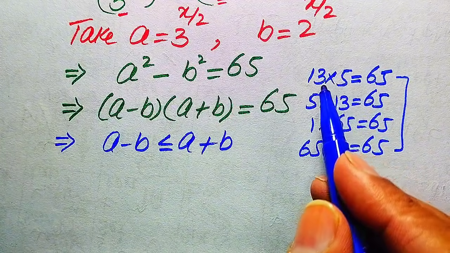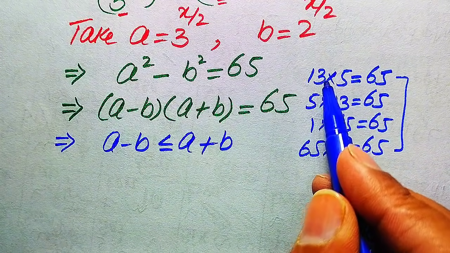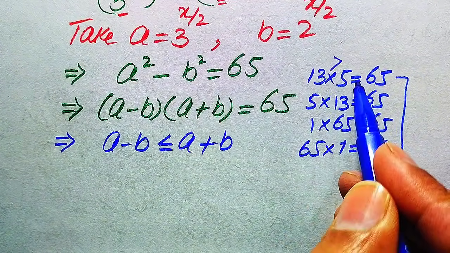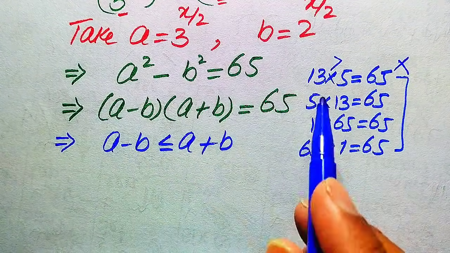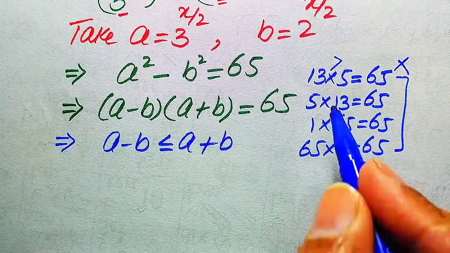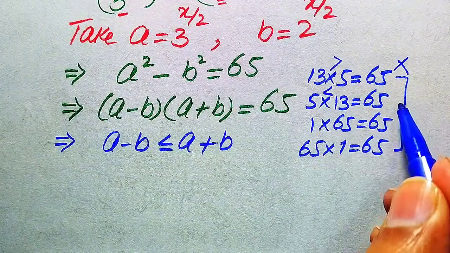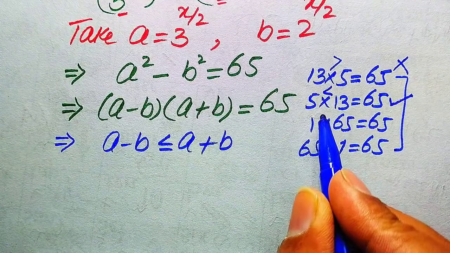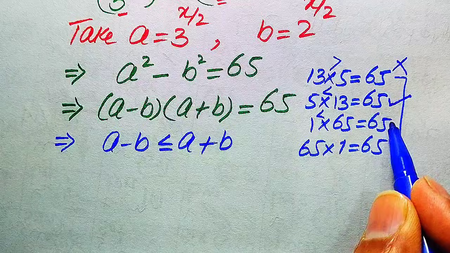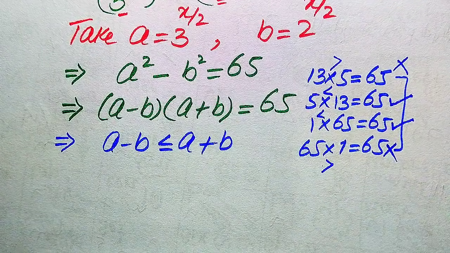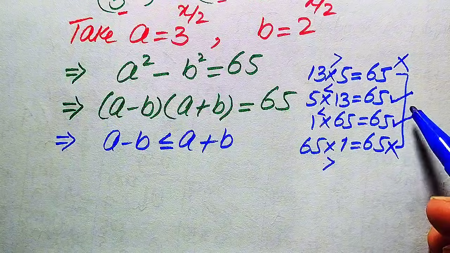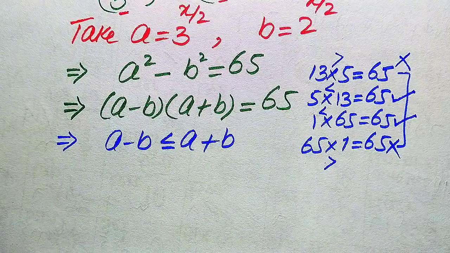So here we have 13, and we know that 13 is greater than 5, so we reject this case because we need the first factor to be less than the second factor. So here 5 is less than 13, so we choose this factor, and here 1 is less than 65, we also choose this factor, and here 65 is greater than 1, so we reject this case. Okay, so here we have these two possibilities.